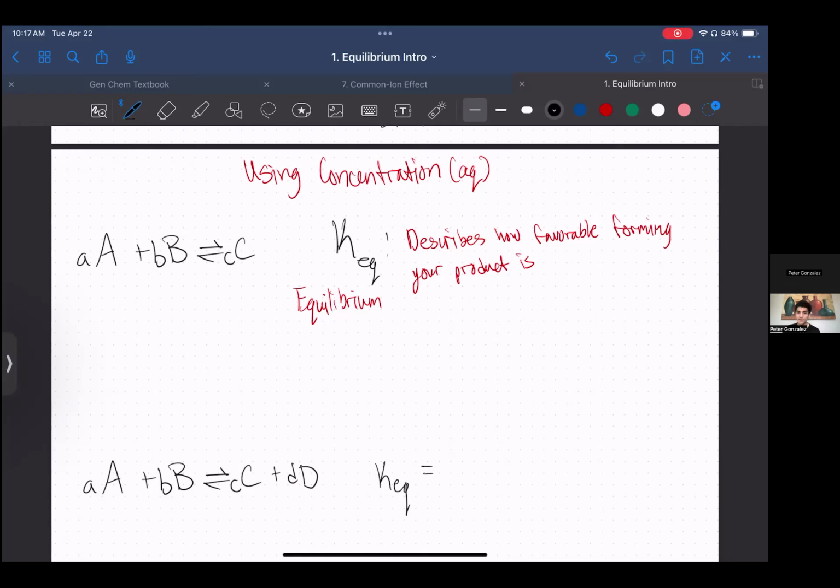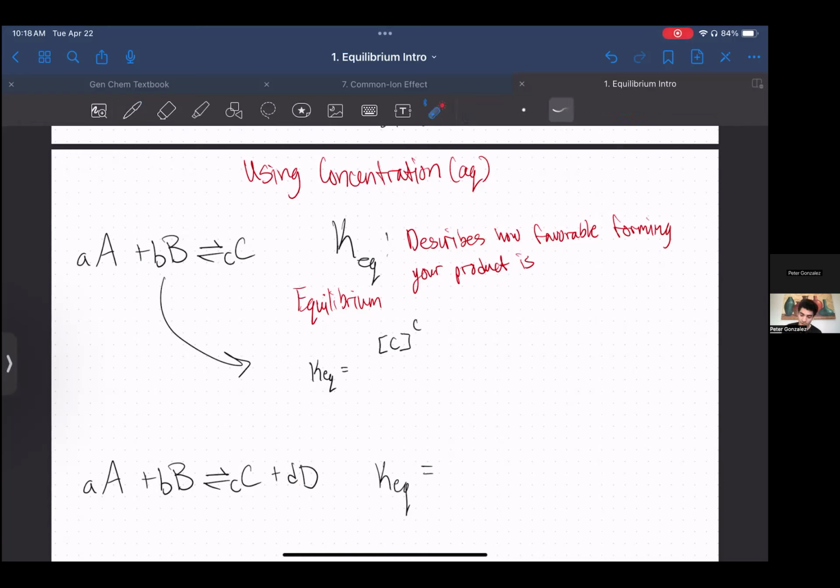But basically what you do for an equilibrium constant, it will be some number, and what that number equals is, and I'm going to try to write this as clearly as possible, given this equation I gave you of A plus B forming C, the concentration of the products. So in this case, the concentration of C taken to the power of its coefficient.